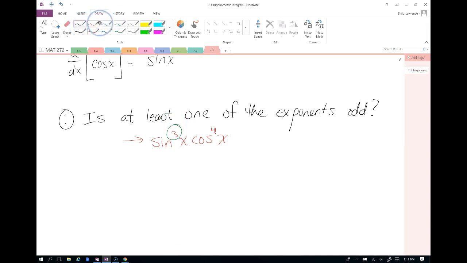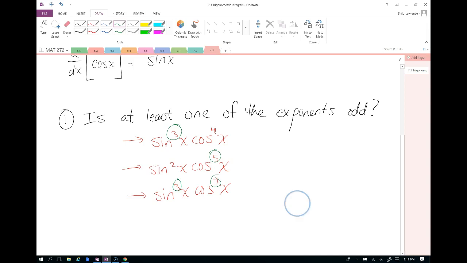We could be asked to integrate sine squared x times cosine to the 5th x. And again, one of our powers is odd. So that's good. They could also be odd, and that would be fine also. So sine cubed x cosine to the 7th x. Now here both of them are odd. So all we're asking is at least one of the exponents odd?